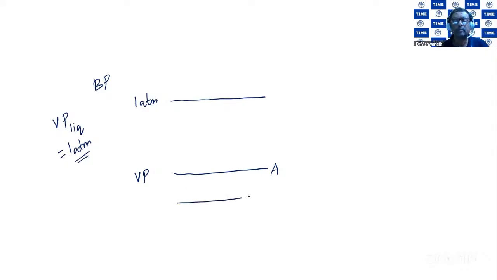Now, let us put that 1 atmosphere here, and let us put the liquid here, liquid A. This is 1 atmosphere, and this is the vapor pressure of A. Now, what happens to the vapor pressure as A becomes a solution? By adding a non-volatile solute, there is a lowering of vapor pressure. So shall I take this as A plus B? This is the solution.